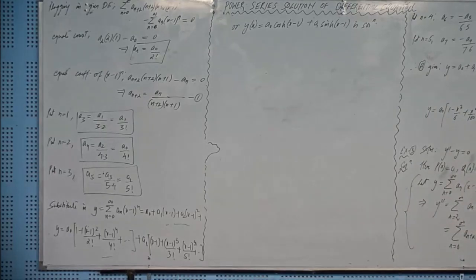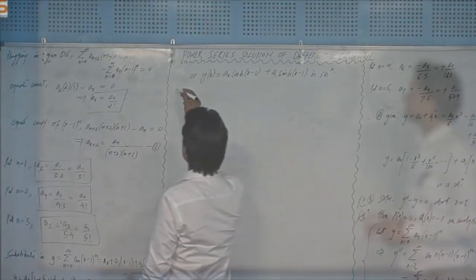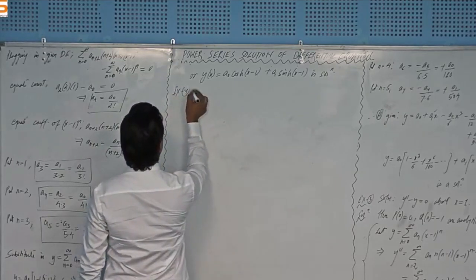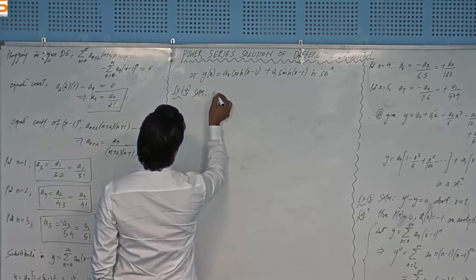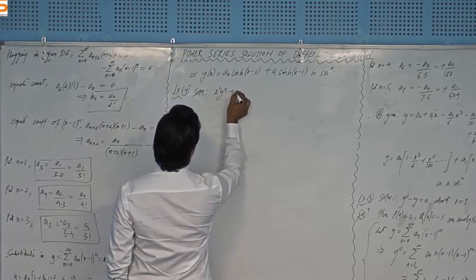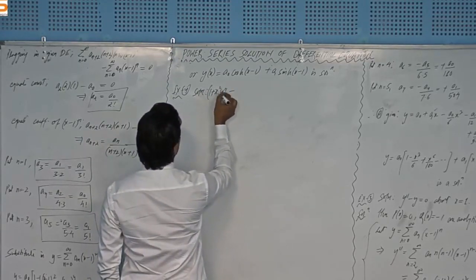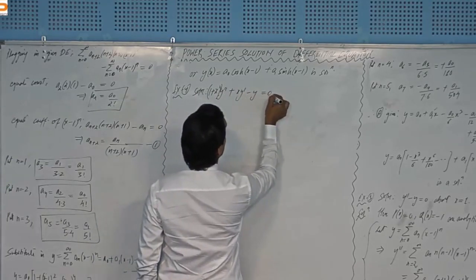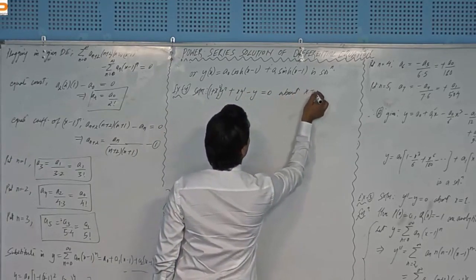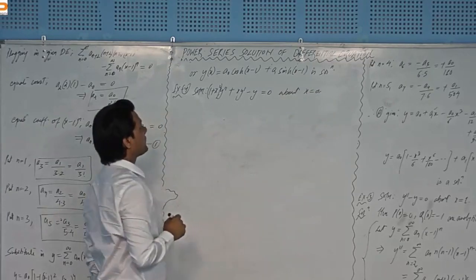I will take the last example, example number 4, and that is: solve (1 plus x square) y double dash plus x y dash minus y equal to 0 about x equal to 0, right?